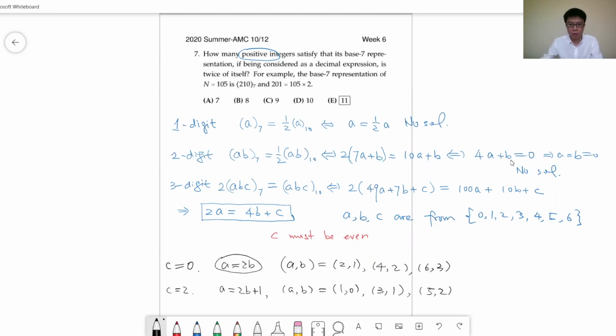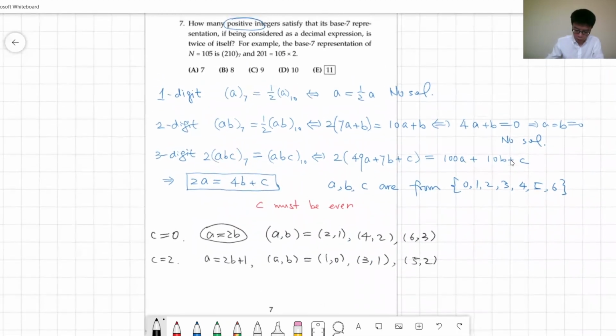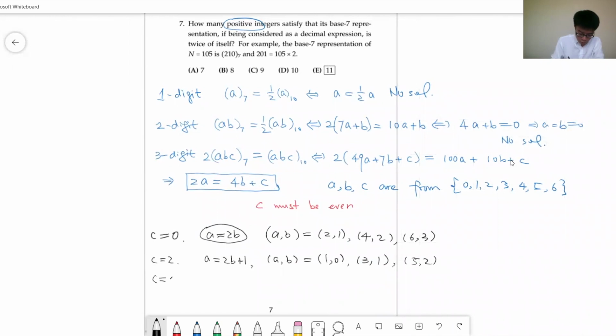That's not allowed. Now let's go to C equals 4. We will have A equals twice B plus 2. So B could be 0. So that's 2, 0, 4, 1, 6, 2, and that's all.